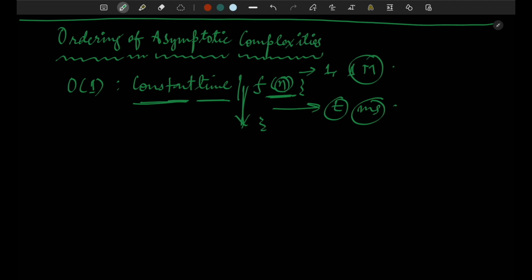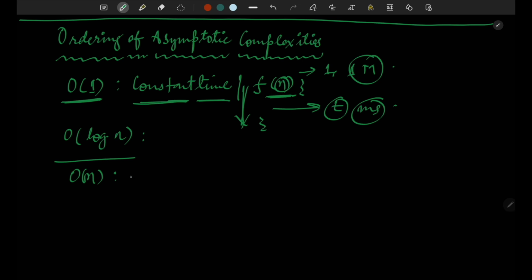But anyhow, moving on. The next one on the list is logarithmic time complexity, which is represented by big O of log n. So this one is worse than the constant time complexity. The next one on the list is big O of n.